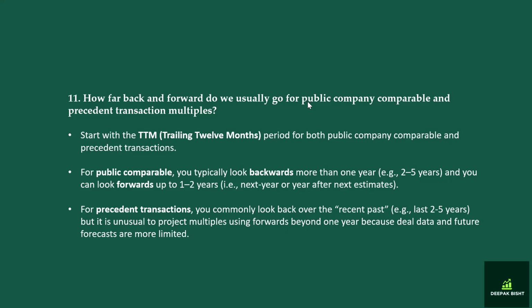I hope this was clear about public company comparables, how far back and forward we look, and why we look only at 2 to 5 years of data: because every 2 to 5 years the market resets itself.